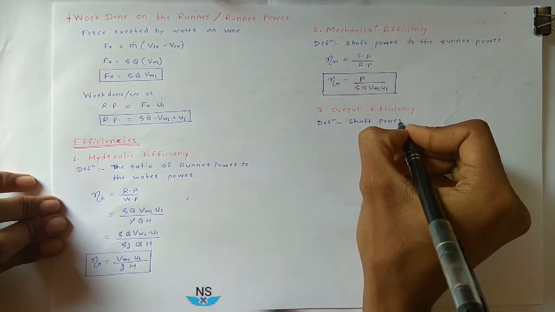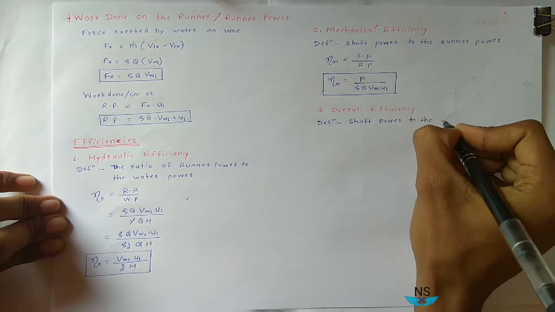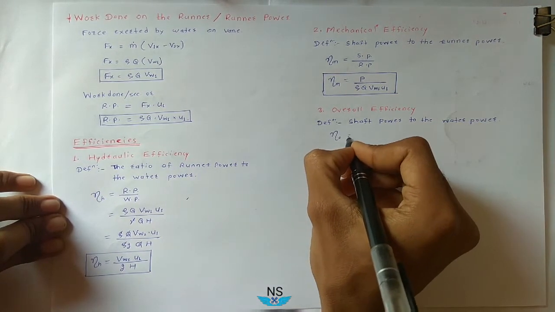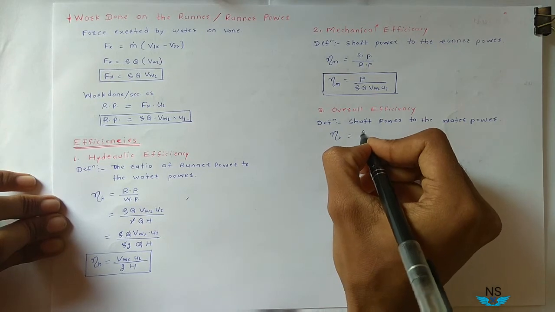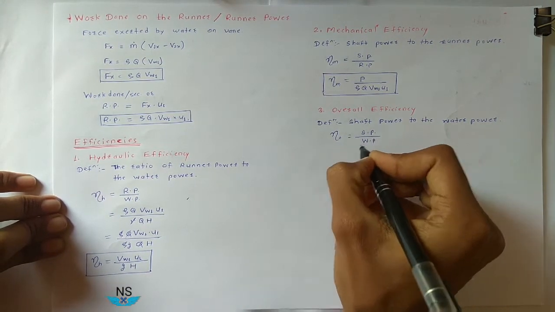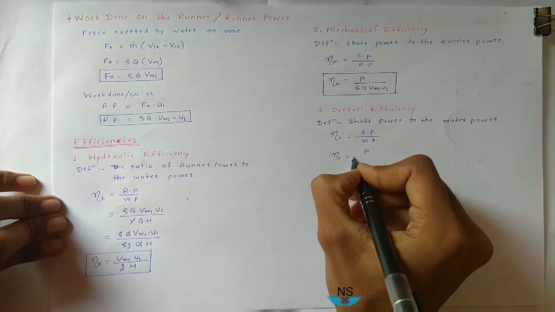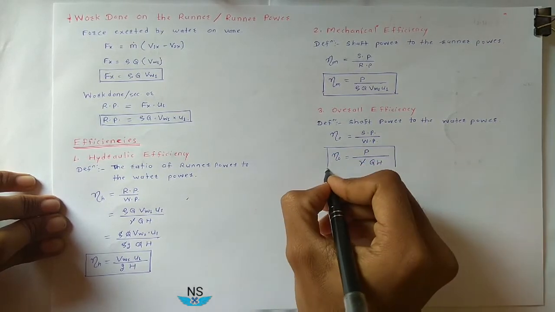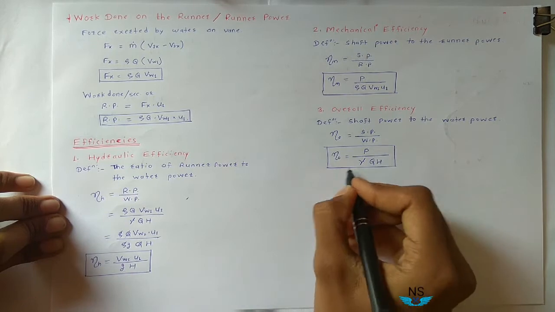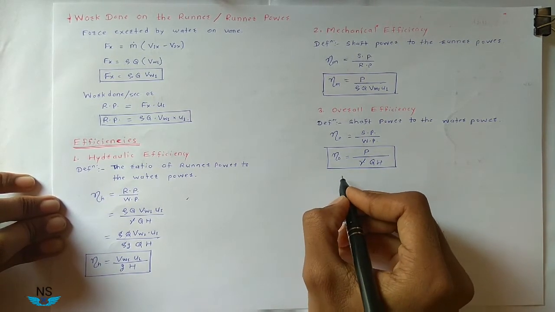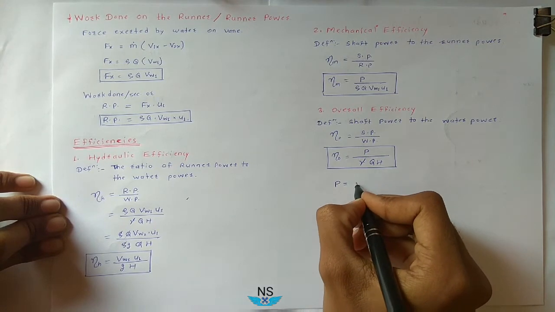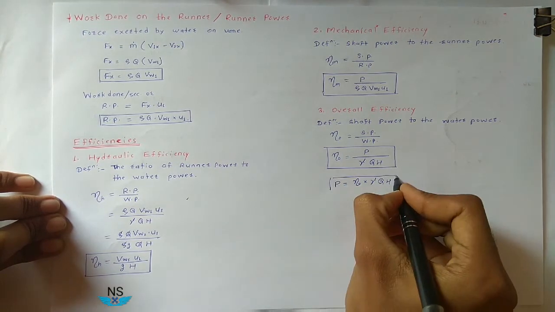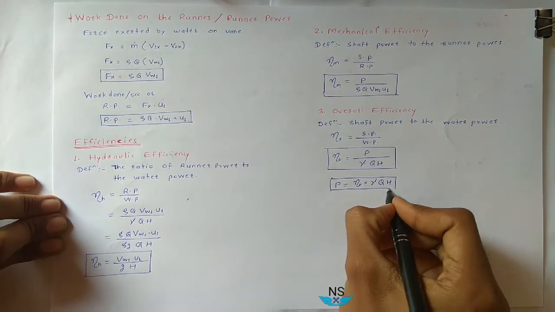It is denoted by eta O. So shaft power divided by water power, where shaft power is denoted by P and water power is gamma QH. This is the formula for overall efficiency. If overall efficiency is given in the problem, you can find shaft power equal to eta O into gamma QH. This is the formula for shaft power.